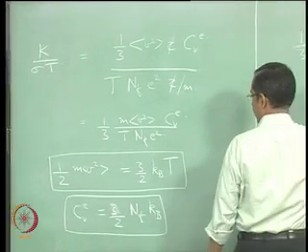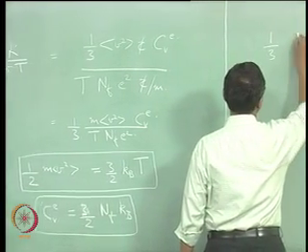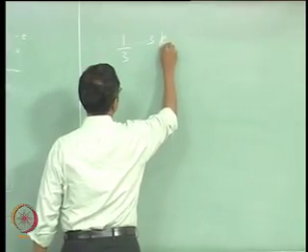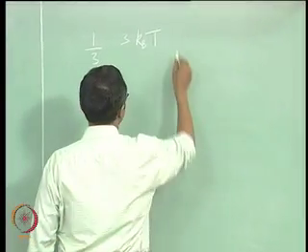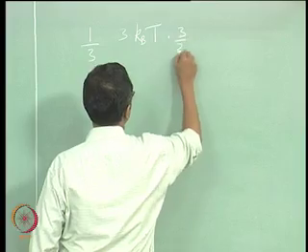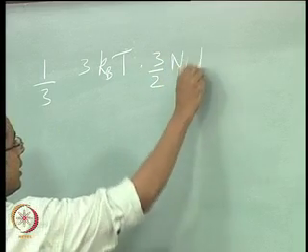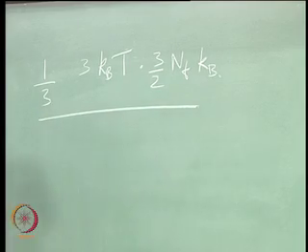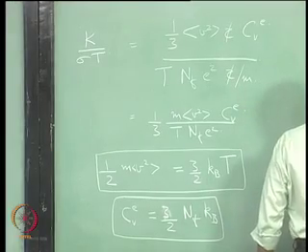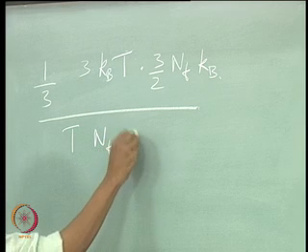Instead of mv square we will put 3 kBT, and instead of CVE we will put 3 by 2 NF kB, divided by T NF e square.